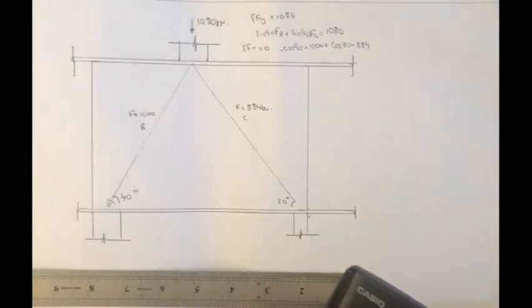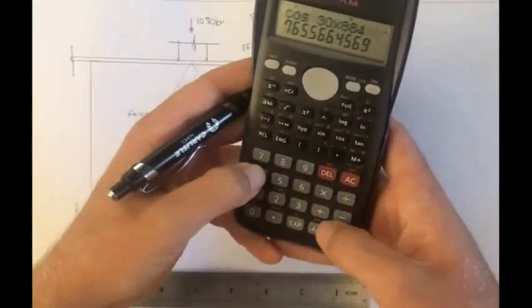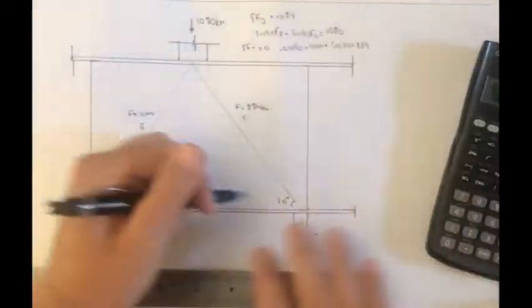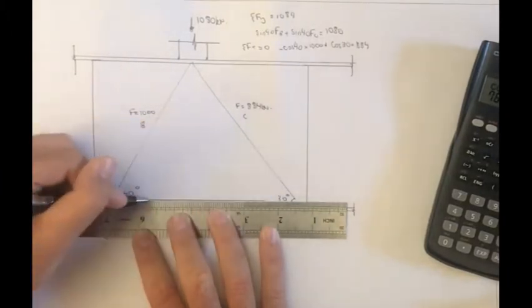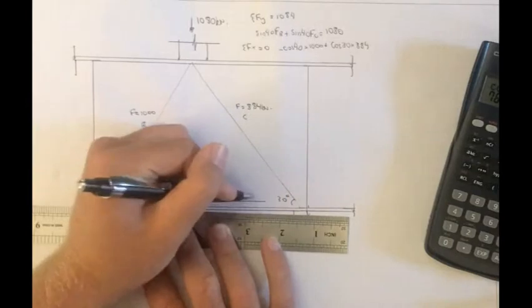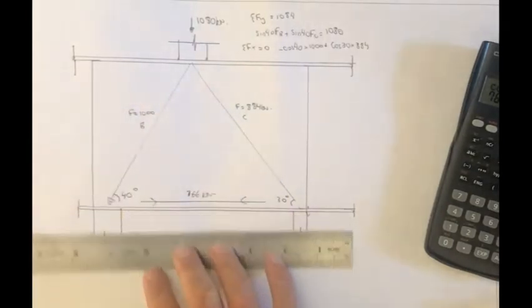So we end up with 766 kilonewton tie force, which we'll go into at the end.